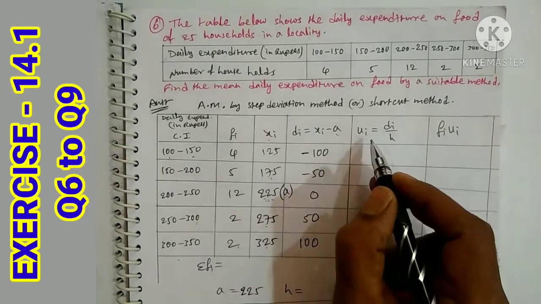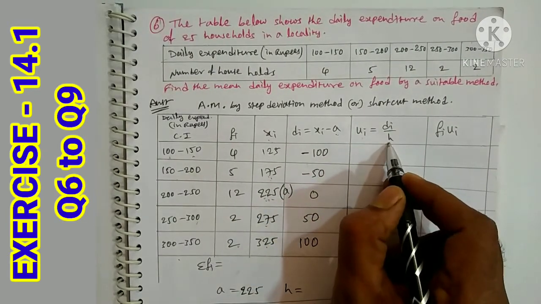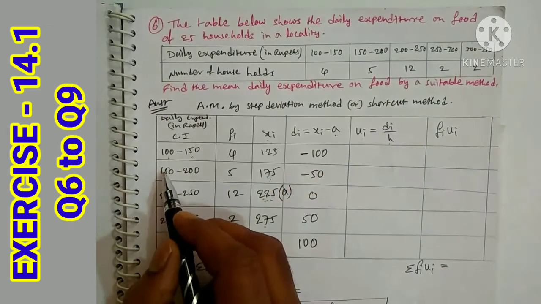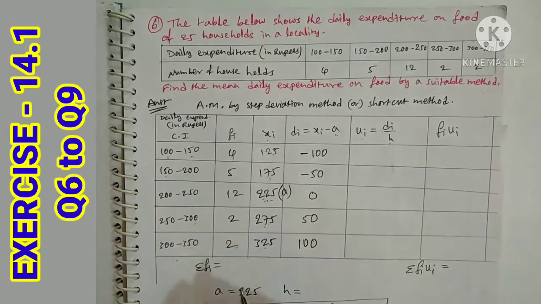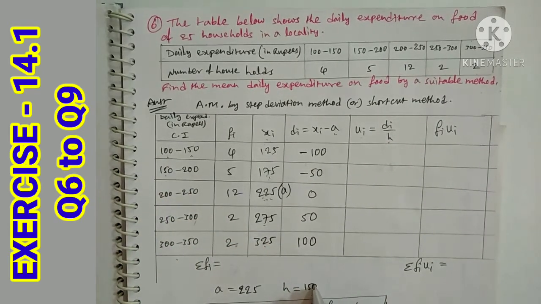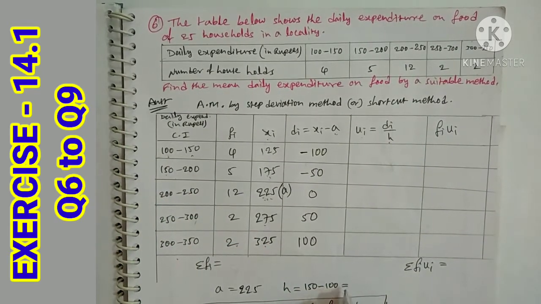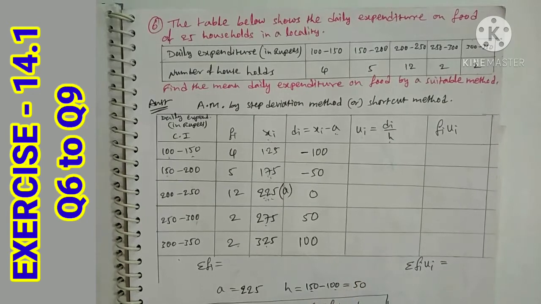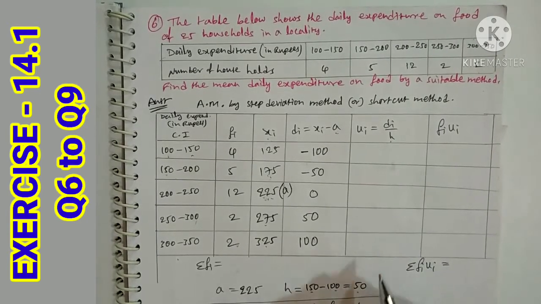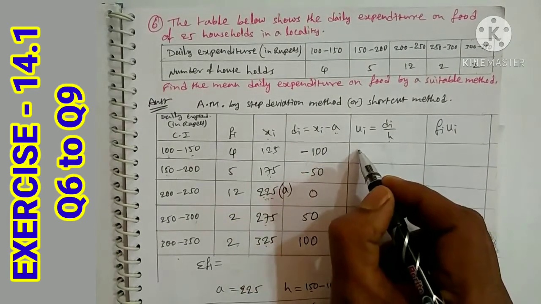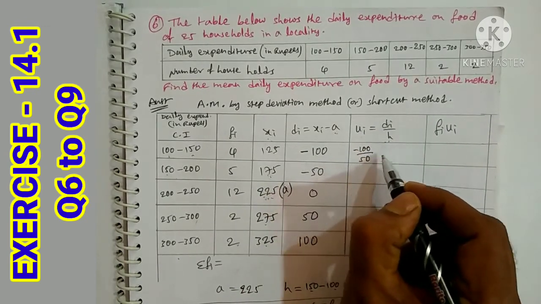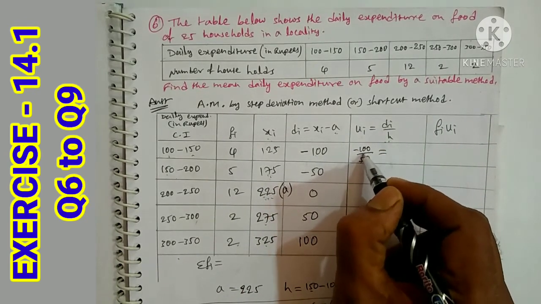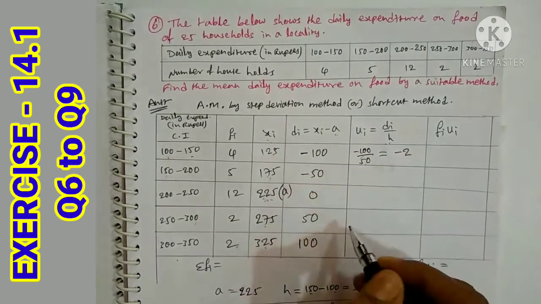This is di. Now ui is equal to di by h. The h value is the difference between two lower limits or two upper limits. 150 minus 100 is 50, so h is 50. Minus 100 by 50 is minus 2.